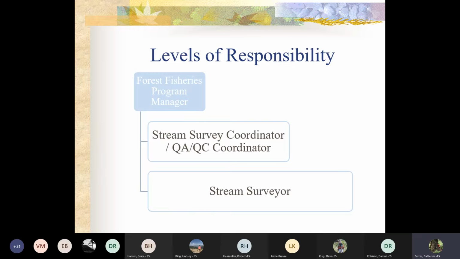The stream survey coordinator on the other side, they're the ones that are doing all the training, making sure that data is being collected correctly and being support for the stream surveyor. And you can see that the stream surveyor box is the biggest because you guys are the most important because that's where the quality control is in your hands. So you really are the most important part of this big cog.